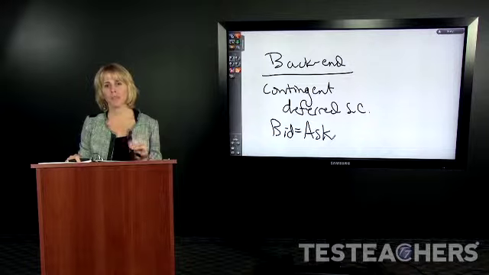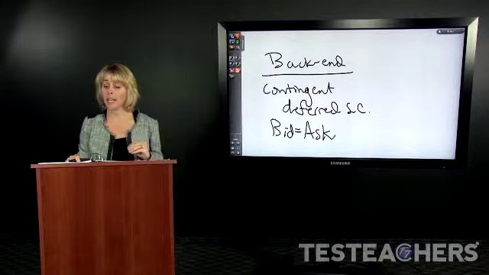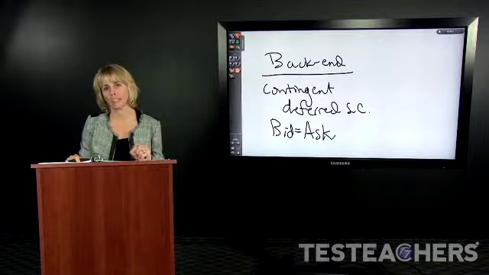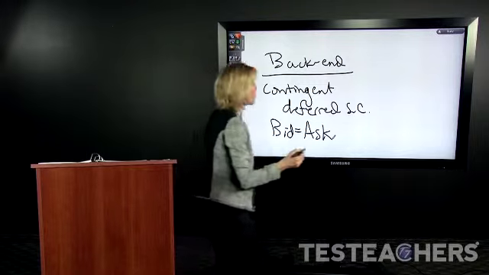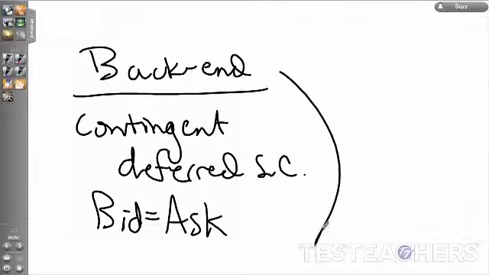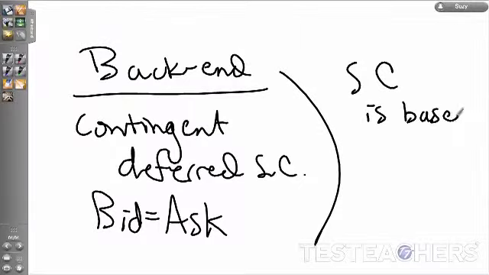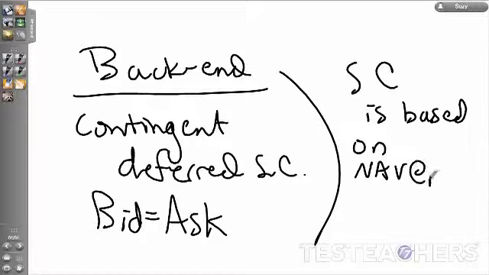The contingent deferred sales charge is based upon NAV at purchase or NAV at redemption, whichever is less. That's an interesting rule. So when you have a back-end load, the sales charge is based on NAV at purchase.